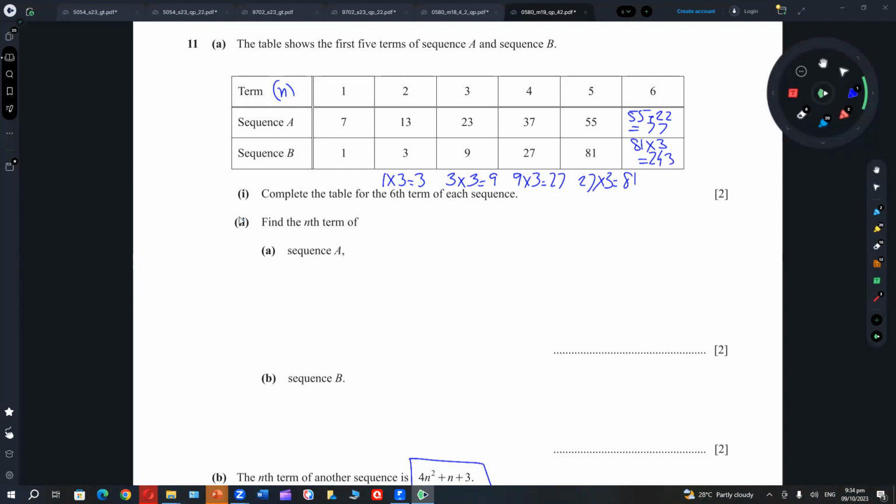Now, similarly, you have to make a sequence formula for B. We can make any formula which can generate all of them. We are multiplying every number by 3 to get the next number. So the first number could be 3.